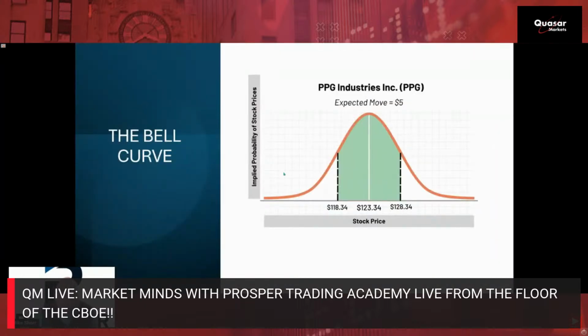Okay, so this just happens to be PPG. One of the things that option pricing takes as a given is that we're going to look at a normal distribution. So for example, in this PPG Industries, if the expected move is $5, we'll go through that. I don't have the implied volatility here.